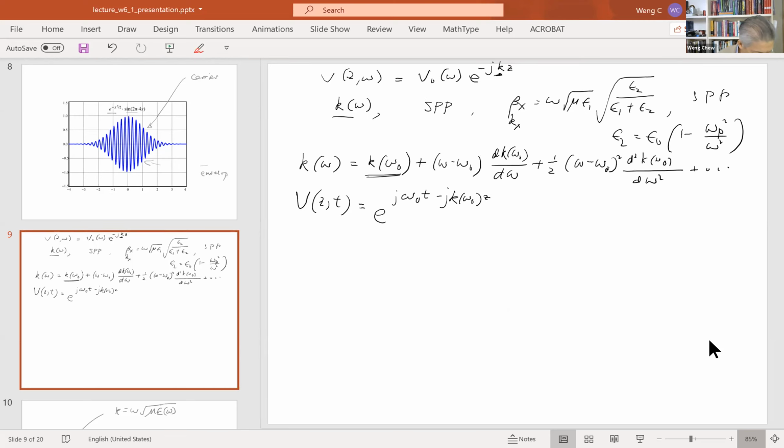Okay, and then what you have left inside the integral is these terms that are depending on omega. And then I will have V naught of omega in there. Okay, and then I will have the exponent e to the j omega minus omega naught t.